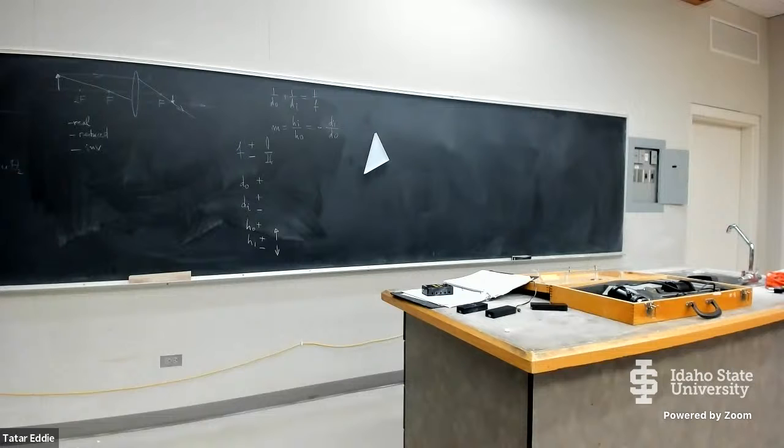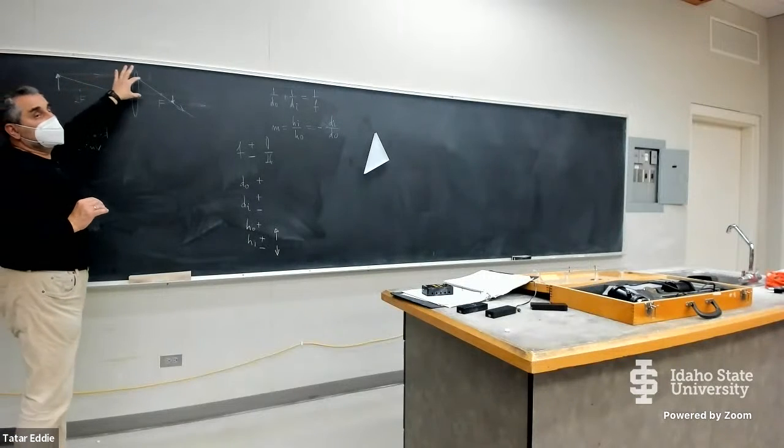Next week, we're also going to consider the human eye. And the entire optical system of the human eye with multiple refracting materials can be summarized as a single converging lens.